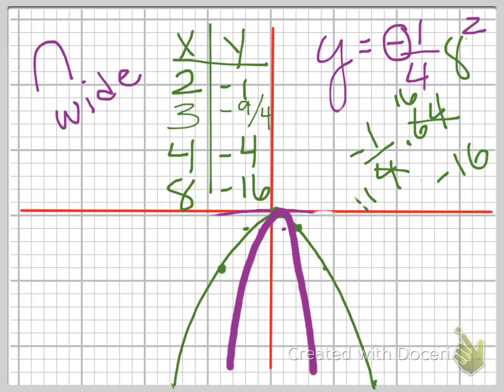Now I have to look over here and see, did I predict it properly? Is it downward? Yes. Is it wider than the parent function? And since I did the parent function in purple, definitely you can see. So it makes sense, and now it doesn't look as bad. When I predicted, I just went a little bit crazy with my prediction.